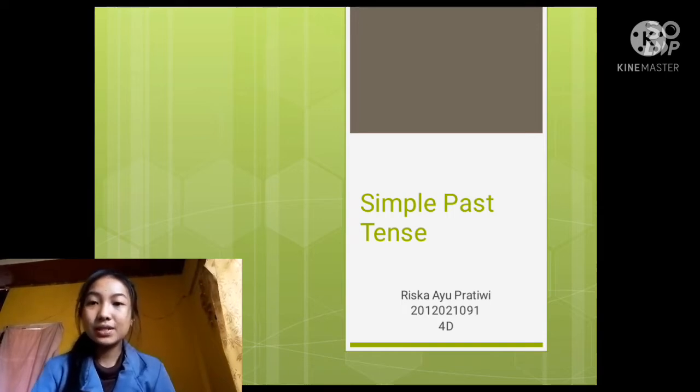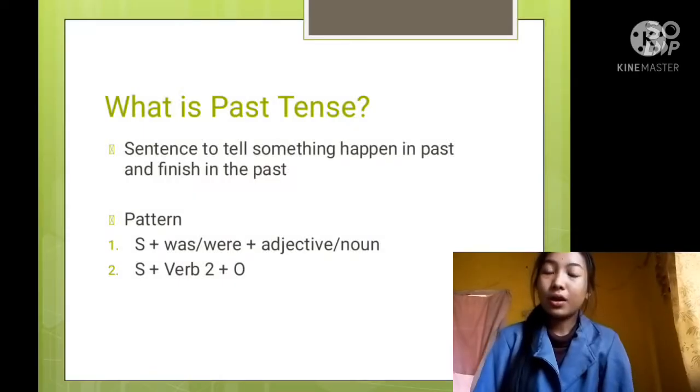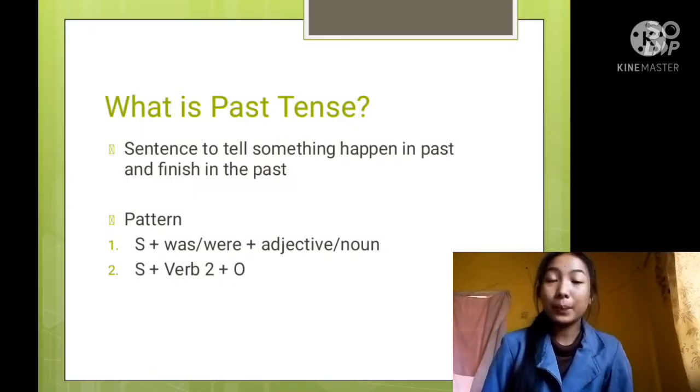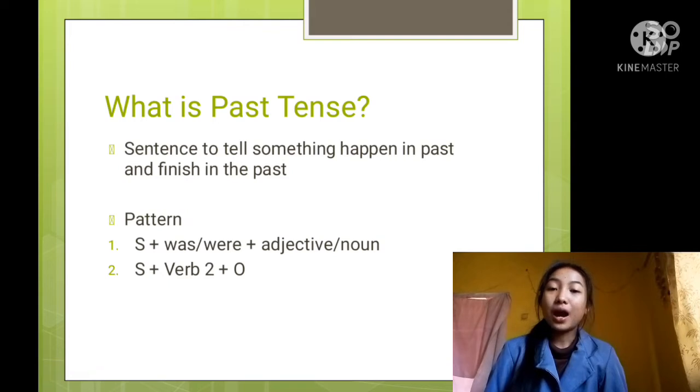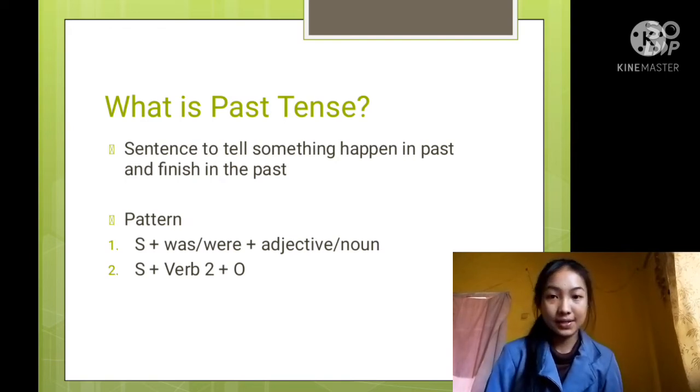Now let's move to the first slide. It is about what is past tense. Alright, talking about past tense, now I will explain the definition first. Past tense is a sentence used to tell something that happened in the past and also finished in the past.